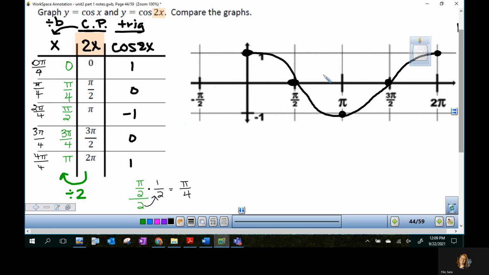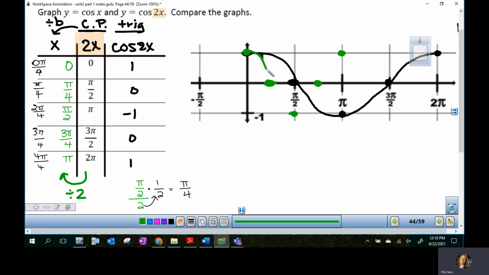Now this graph is already scaled by halves, so fourths are going to be in between. So this is 1 pi fourth. So our points are 0, 1, pi fourths, 0, pi halves, -1, 3 pi fourths, 0, and pi, 1.